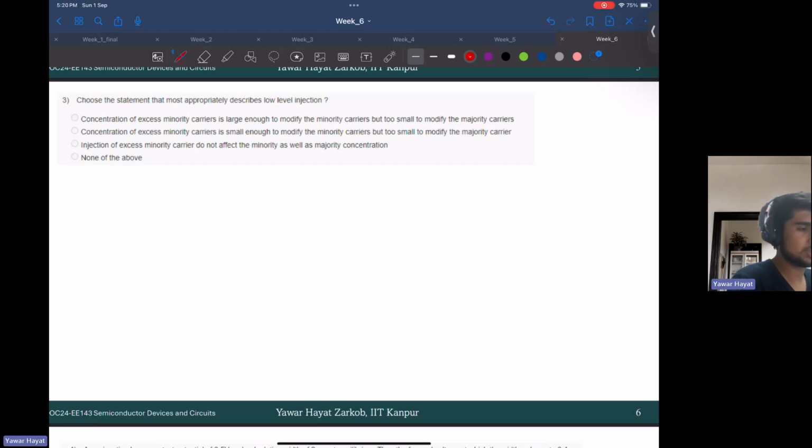Choose the statement that most appropriately describes the low level injection. Which of the following statements most appropriately describes this phenomenon?